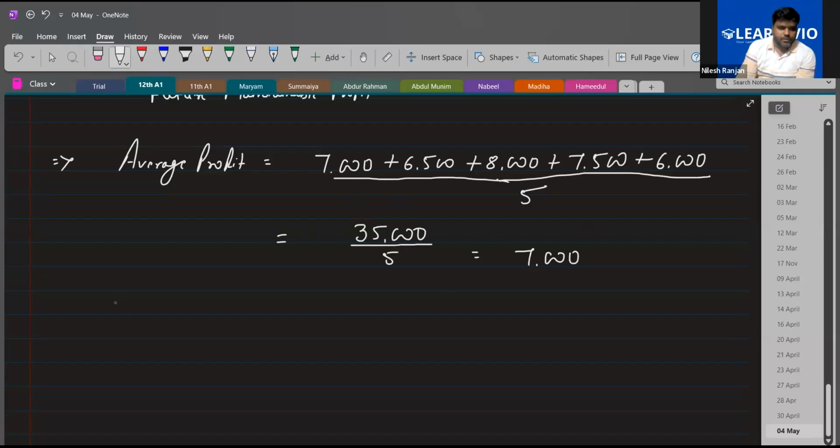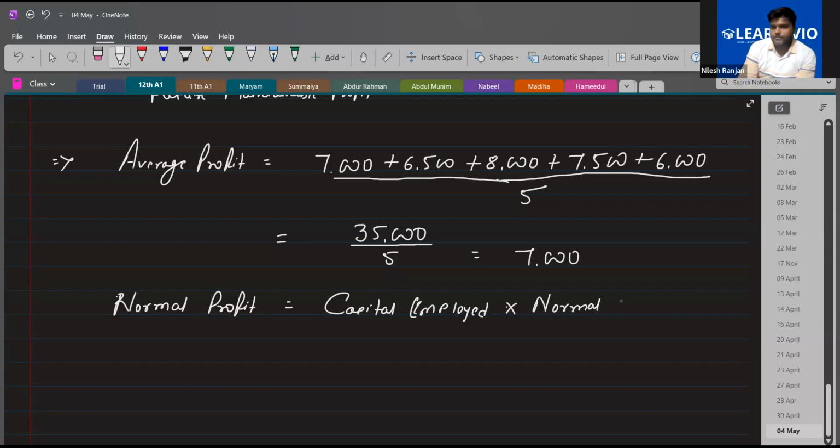Now, normal profit equals capital employed into normal rate of return. Capital employed is 40,000 and rate of return is 12%. So it is 4,800.